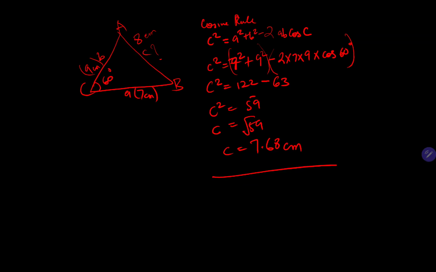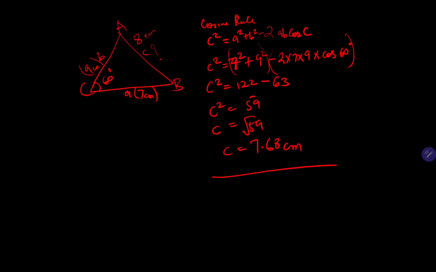All right, so we have one angle and we have the three sides now: 7 centimeters, 8 centimeters, and 9 centimeters. So that's for using the cosine rule. If we want to get the remaining two angles in this triangle, we could use the sine rule, because we have all three sides and one angle now.